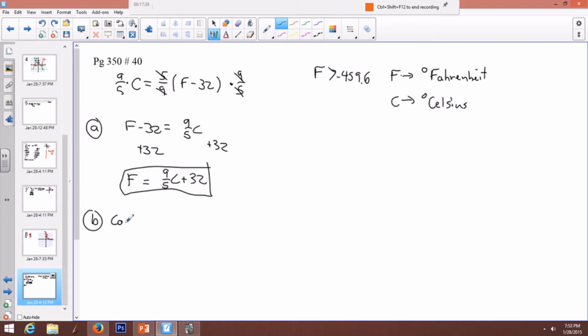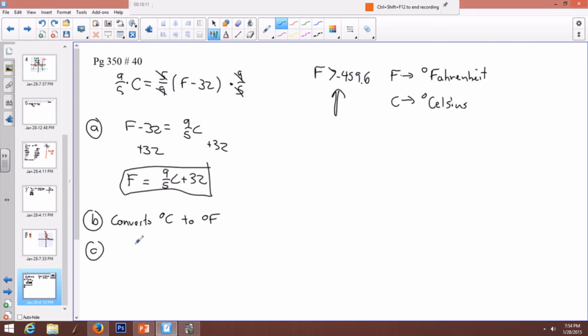Okay, and then part B says, what does this inverse function represent? It converts degrees C to degrees F. Part C says, what is the domain of the inverse function? And so the domain of the inverse function is essentially going to be all real numbers, because the algebra says that, but our Fahrenheit numbers have to be bigger than this.